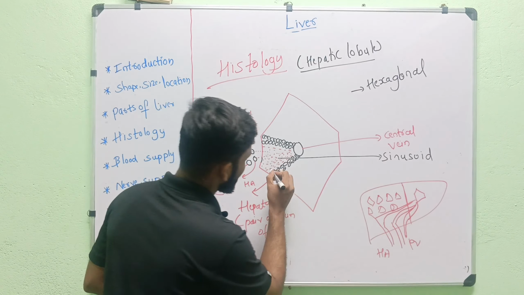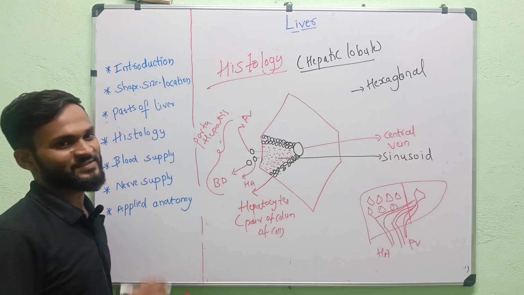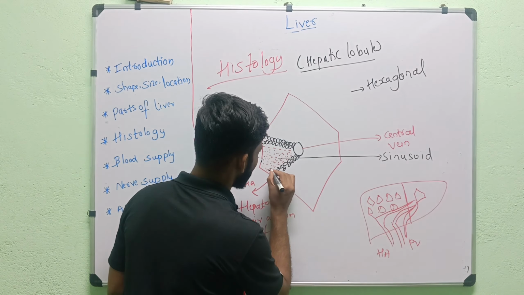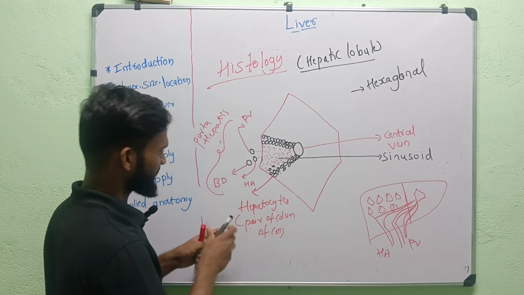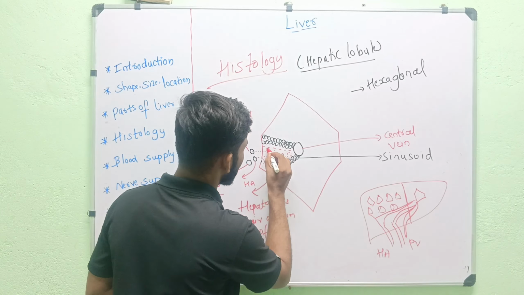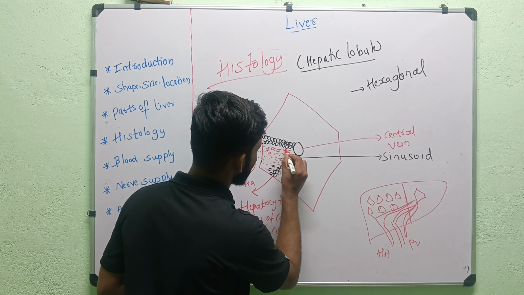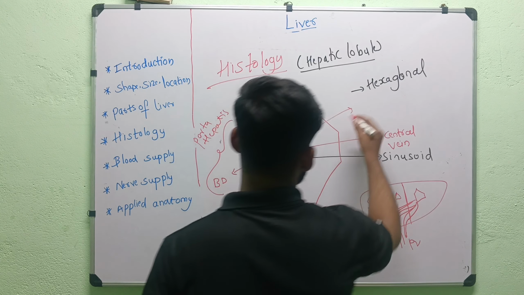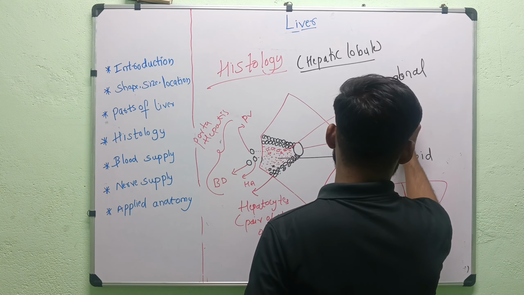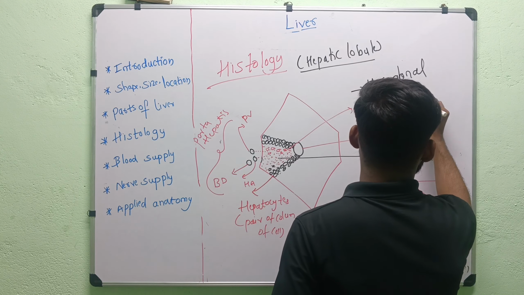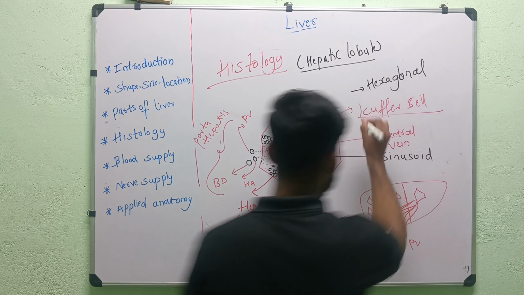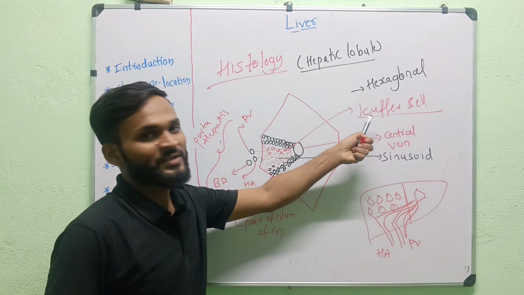In the sinusoid, there are specialized cells present. These special cells present in the sinusoids are known as Kupffer cells. The function of Kupffer cells is that they act as macrophages.